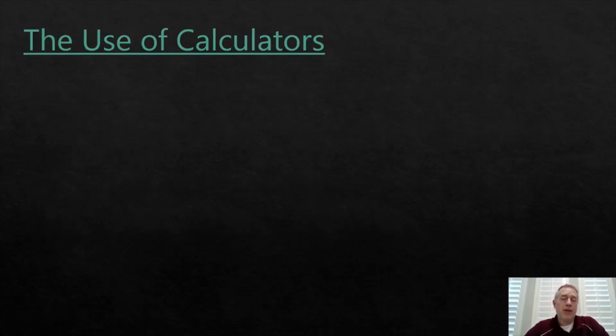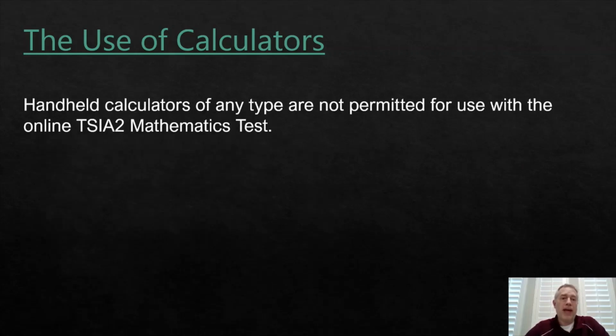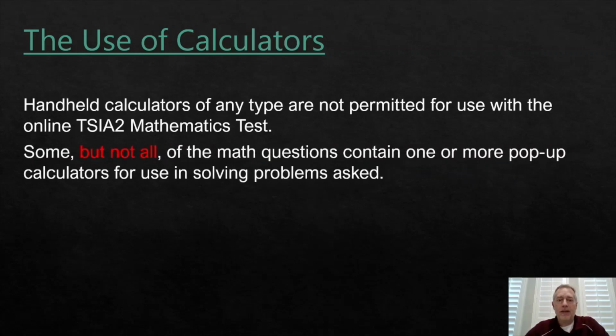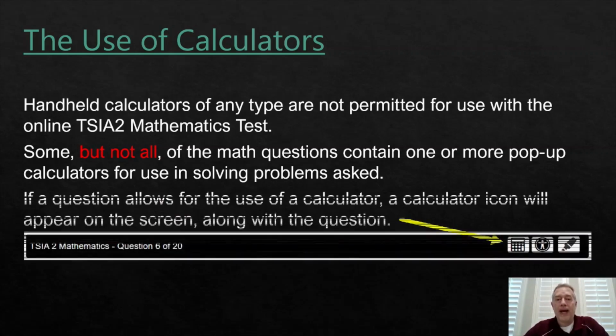Okay, let's talk a little bit about our calculators now. Y'all, handheld calculators of any type, including your phone, are not permitted for use with the online TSIA2 math test. Some, but not all of these math questions contain one or more pop-up calculators for use in solving the problem that was asked.